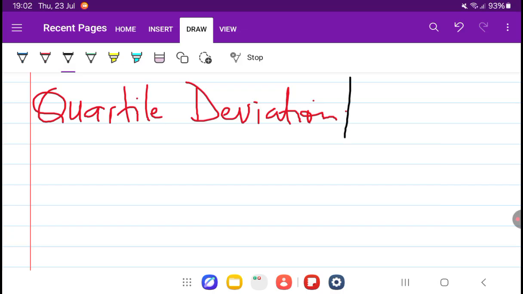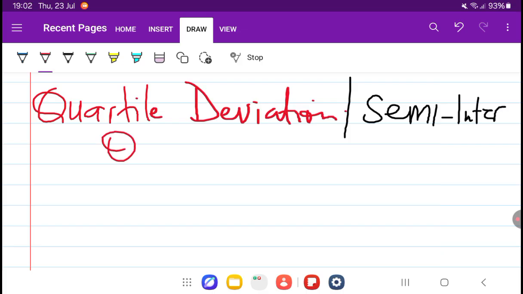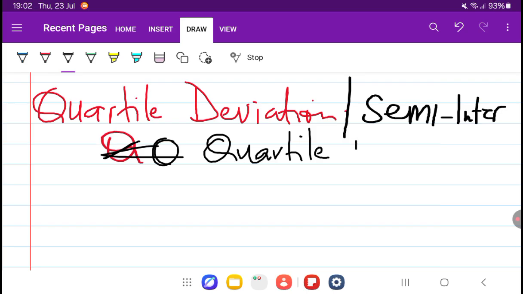and if you don't call it quartile deviation, you can call it the semi-interquartile range.